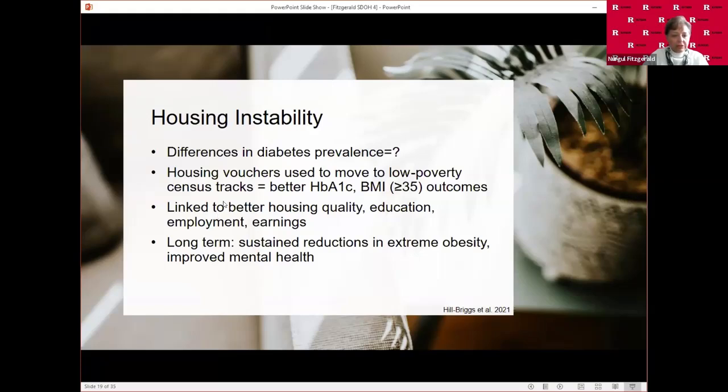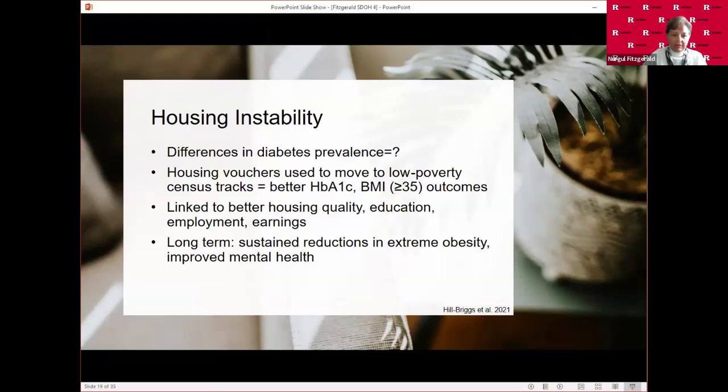So they also included some of the research on the potential influence of social determinants of health in terms of diabetes outcomes, which comes from studies where they gave Section 8 housing vouchers to people, and they did have different arms of the study. One was the usual care and the usual practice.